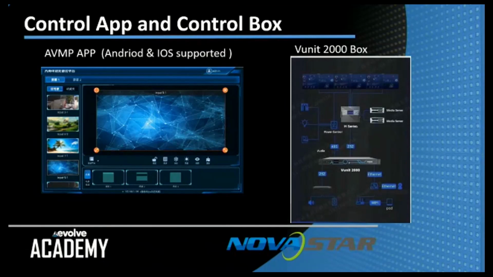The one on the right is the vUnit 2000. It's a control box, similar to a Crestron device. It will act as the control center. It will have I/O outputs or IR outputs and relays with RS-232, or multiple different output port options.